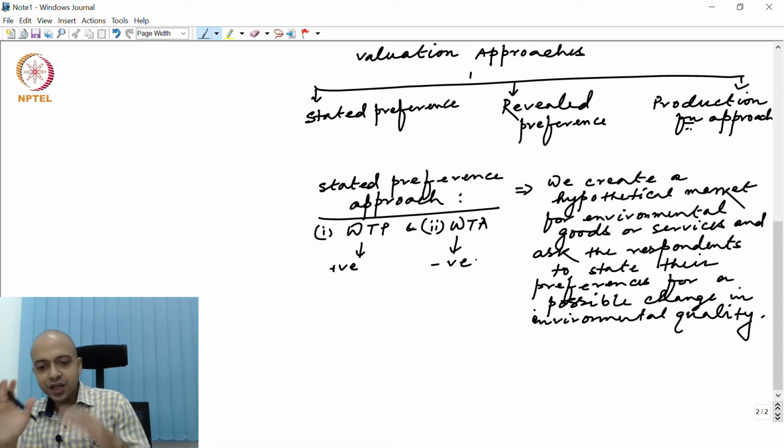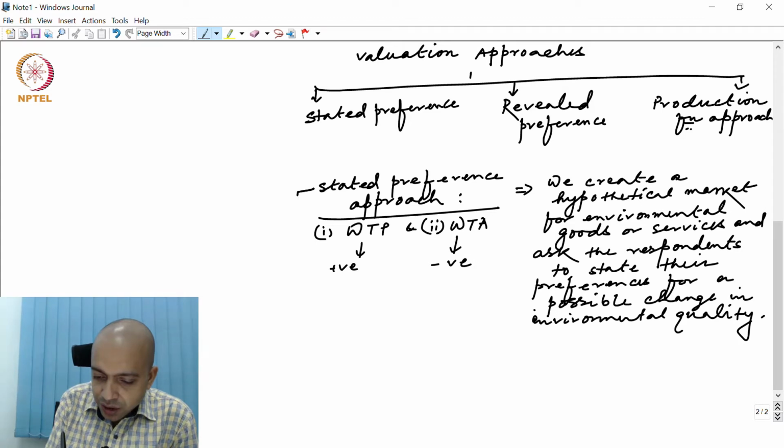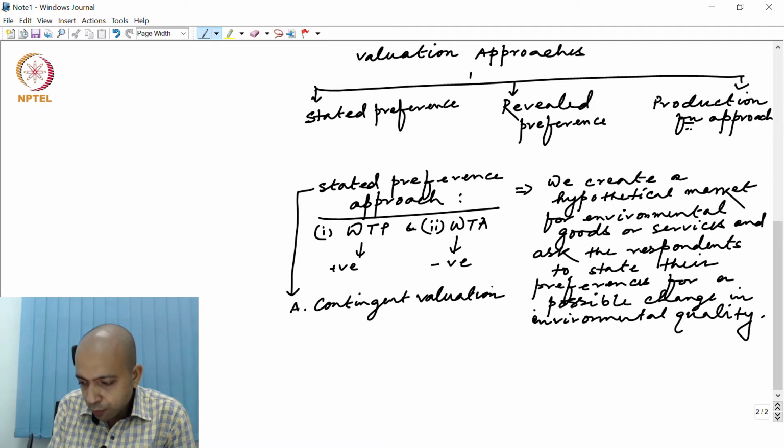Okay, this is called stated preference approach, and basically there are two methods. One is called contingent valuation method, and secondly we have choice experiment.